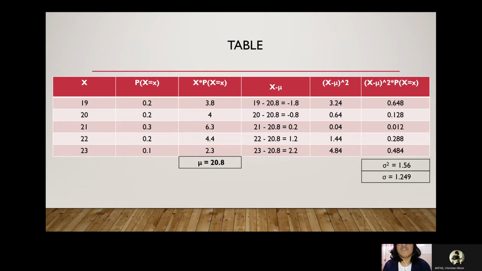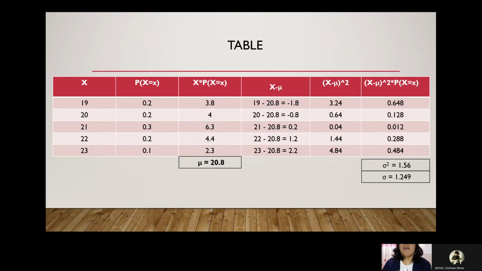What we are going to do first is multiply. So 19 times 0.2 is 3.8, 20 times 0.2 is 4, 21 times 0.3 is 6.3, 22 times 0.2 is 4.4, and 23 times 0.1 is 2.3. Once you've got that, we just add it up to get the mean. So the mean is 20.8.